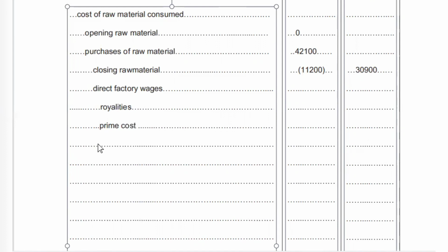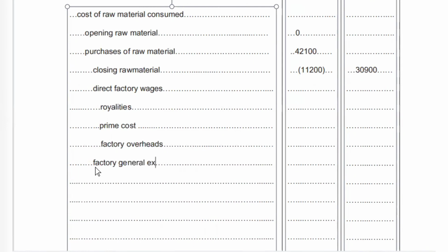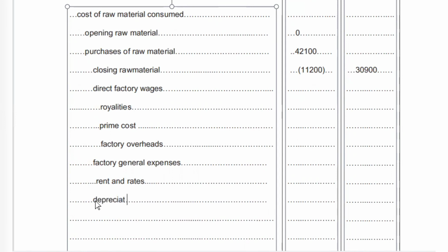Then we have factory overheads, that are factory general expenses, rent and rates, and depreciation on factory machinery and loose tools.